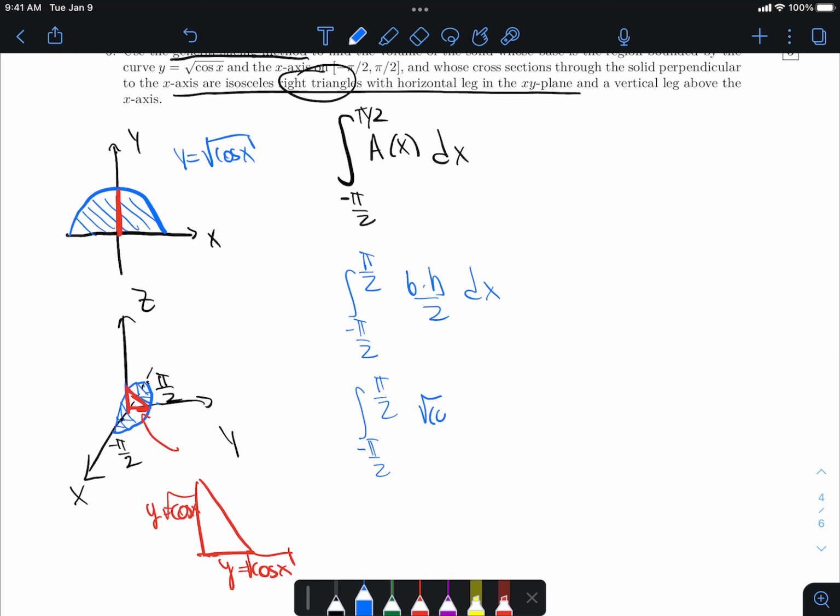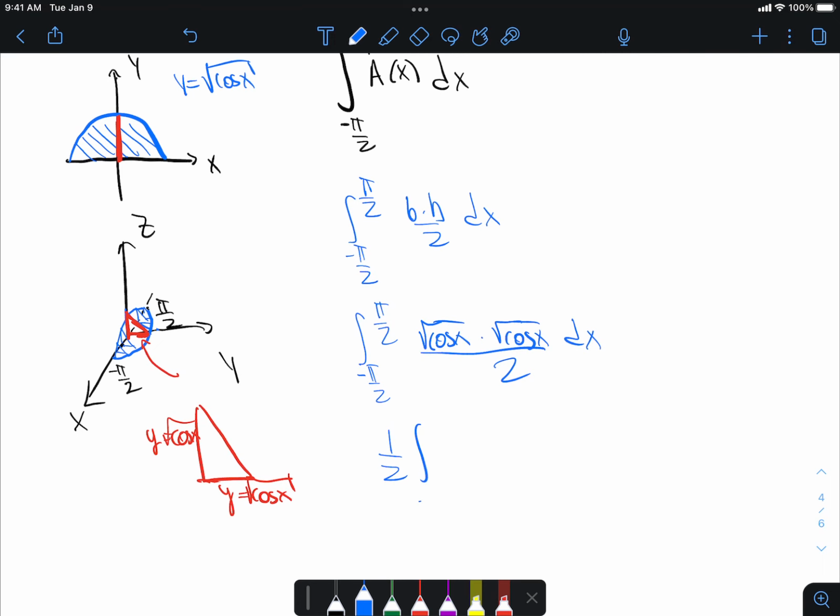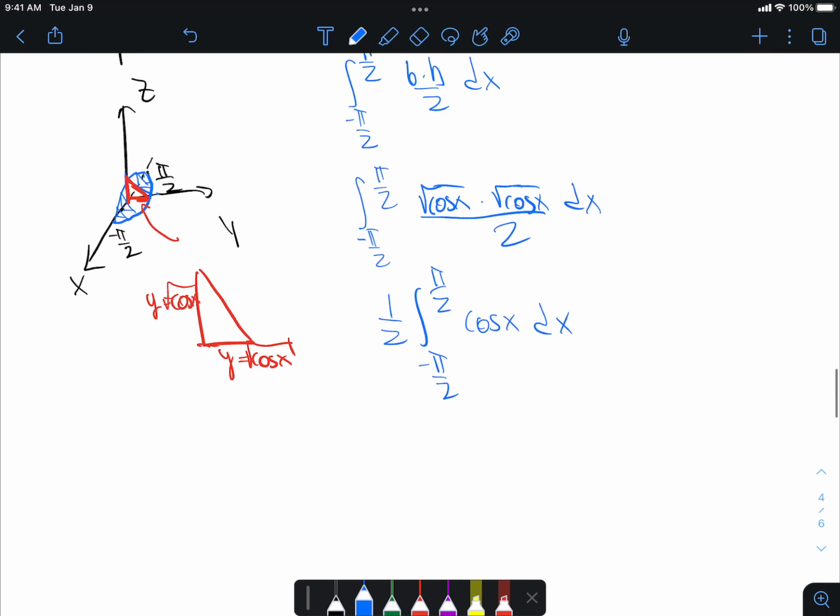So then that's root cosine x times root cosine x over 2 dx. So that is 1/2 integral from minus pi over 2 to pi over 2 of cosine x dx. So all that's left for me to do is antiderive this guy.